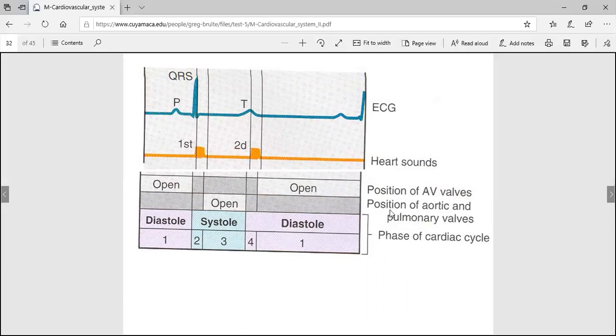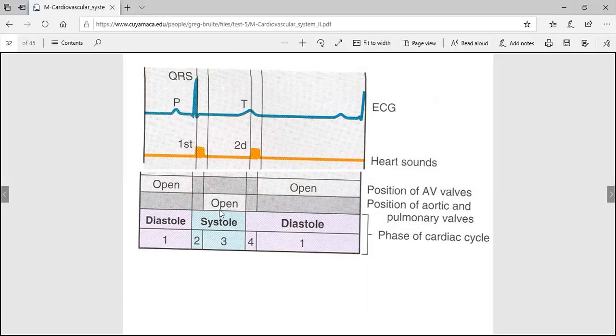Now my ventricles are contracting, right? Systole. What's the position of my semilunar valves? Well, they've got to be open, because if my ventricles are contracting, my blood's going to my lungs and my blood's going to my body. What's the position of my AVs? They're closed, because you don't want that blood going back up into the atrium. That would defeat the purpose.